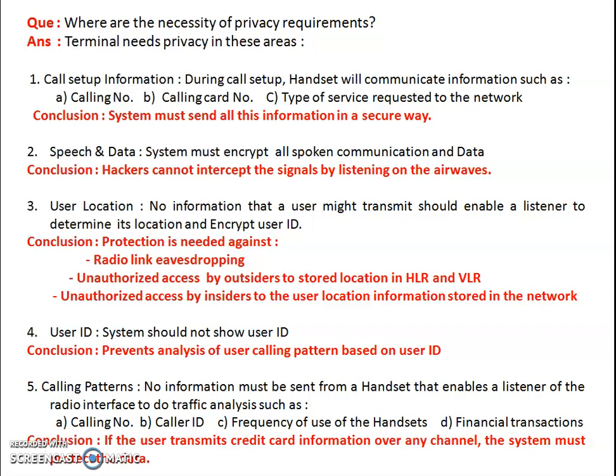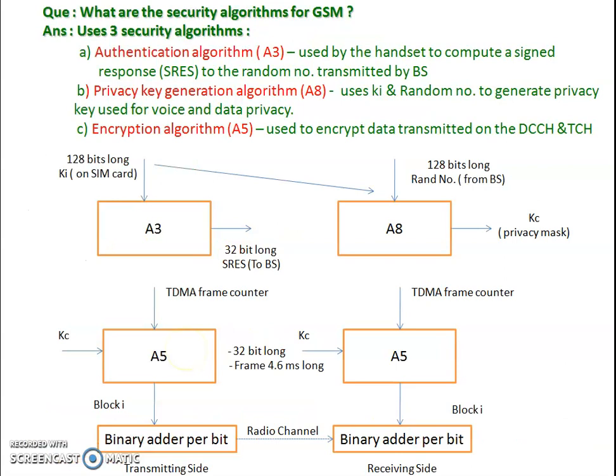Calling pattern: no information must be sent from a handset that enables a listener on the radio interface to do traffic analysis, such as calling number, caller ID, frequency of use of the handset, and financial transactions. The important conclusion is that if the user transmits credit card information over any channel, the system must protect the data.